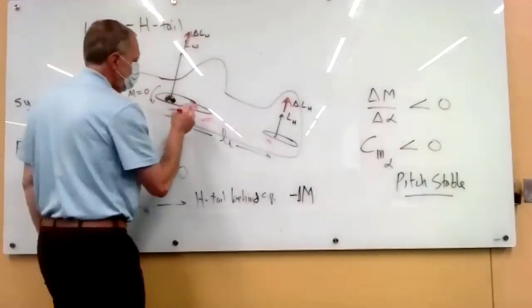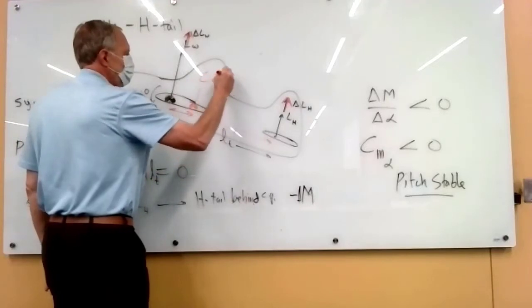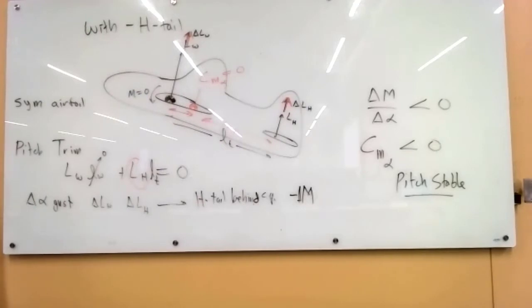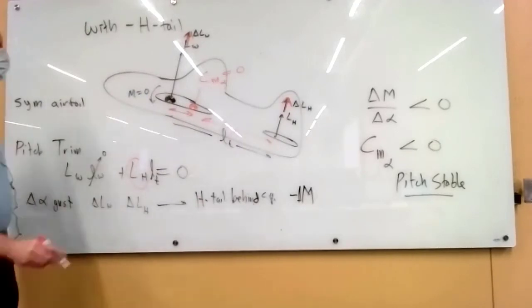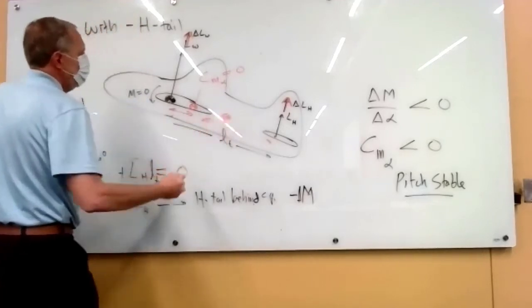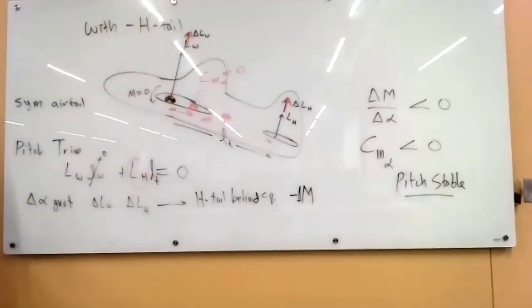And in fact, let's say at this CG position, now we've got CM alpha equals 0. It's not stable, it's not unstable. But then if we move the CG even further back, then we're going to get more nose up from the wing than from the tail, and we'll be unstable.